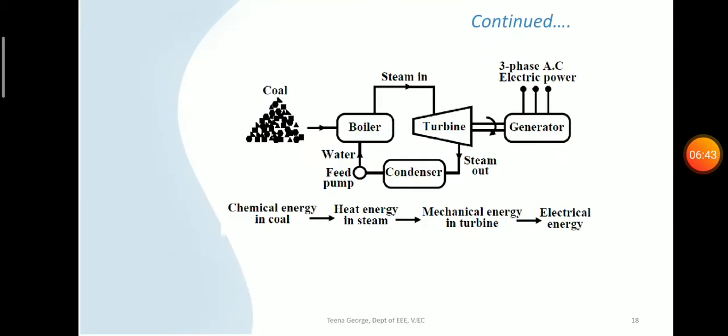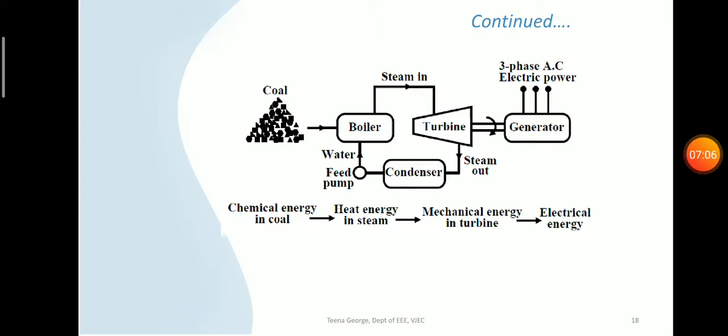This is the basic layout of thermal power station. The input is coal, which is taken to the boiler. The boiler has an input of coal, water and air. In the boiler, by burning the fuel, coal, the water is converted into steam.